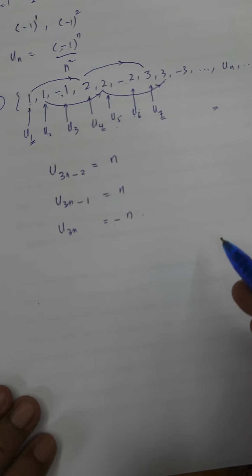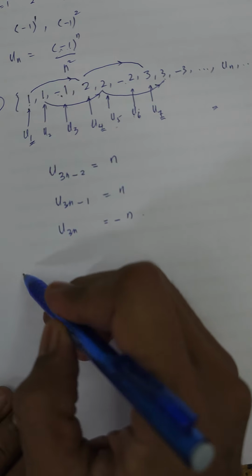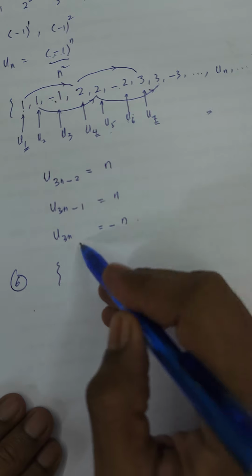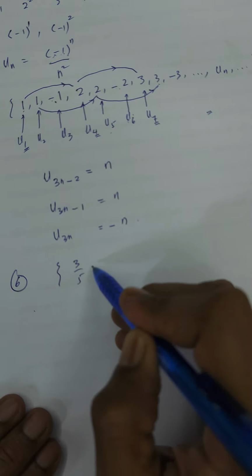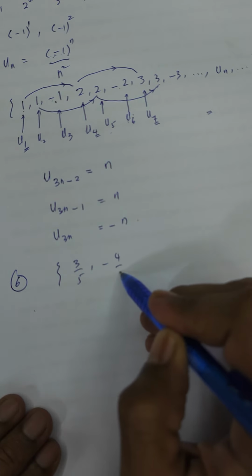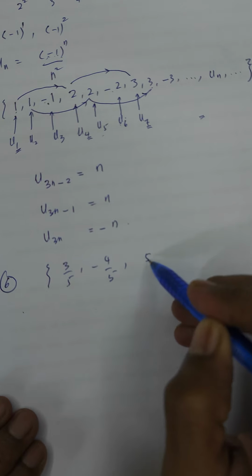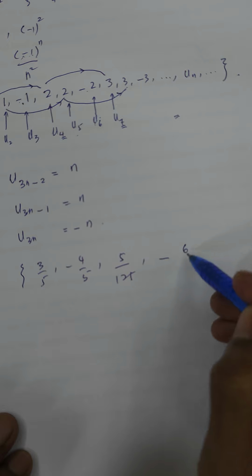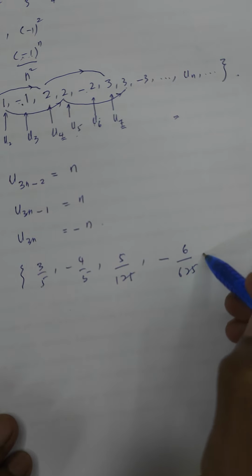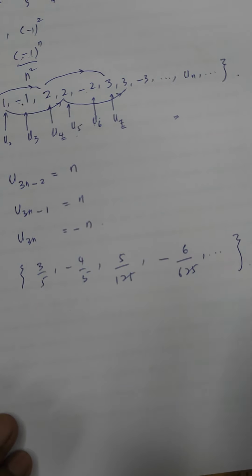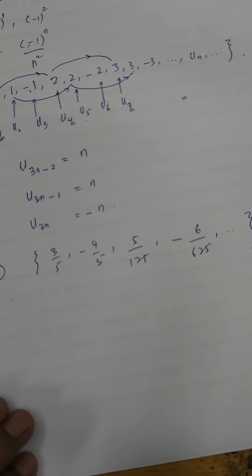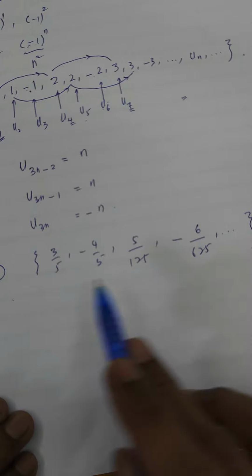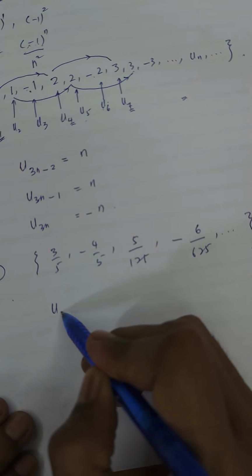Of course, we have some more examples. What about this example here? If you have 3 over 5 minus 4 over 25, 5 over 125 minus 6 over 625, and so on. That gives you our un.